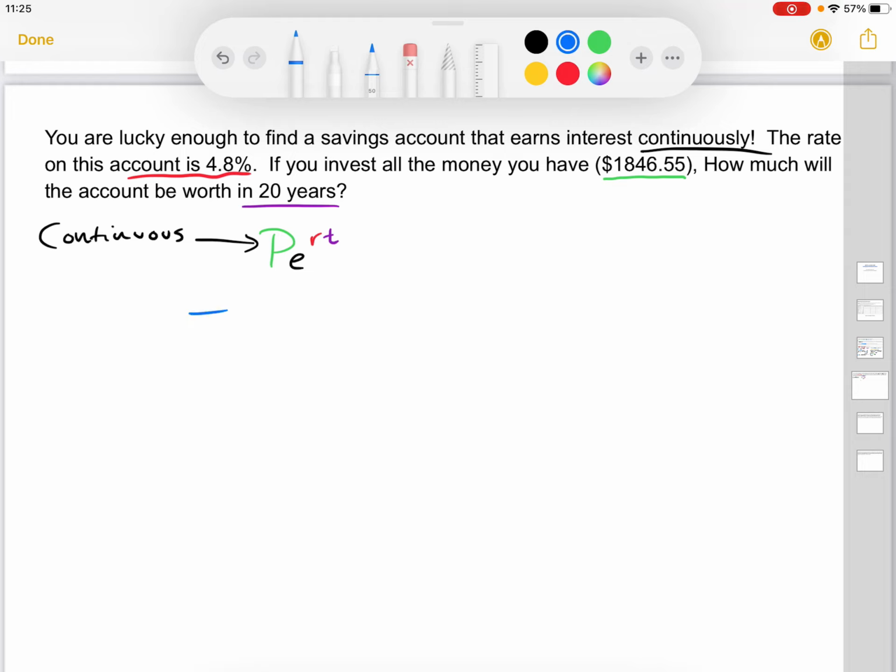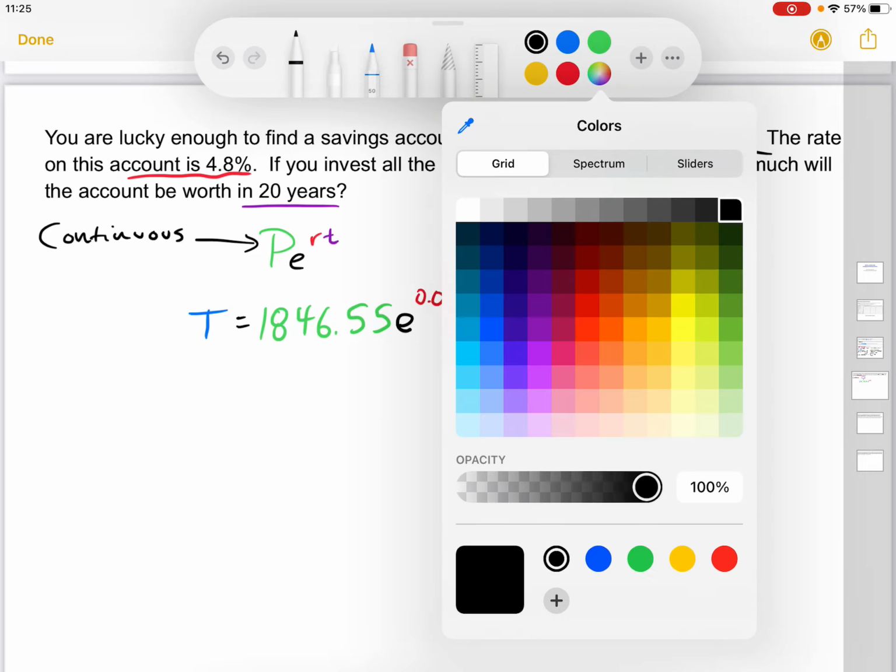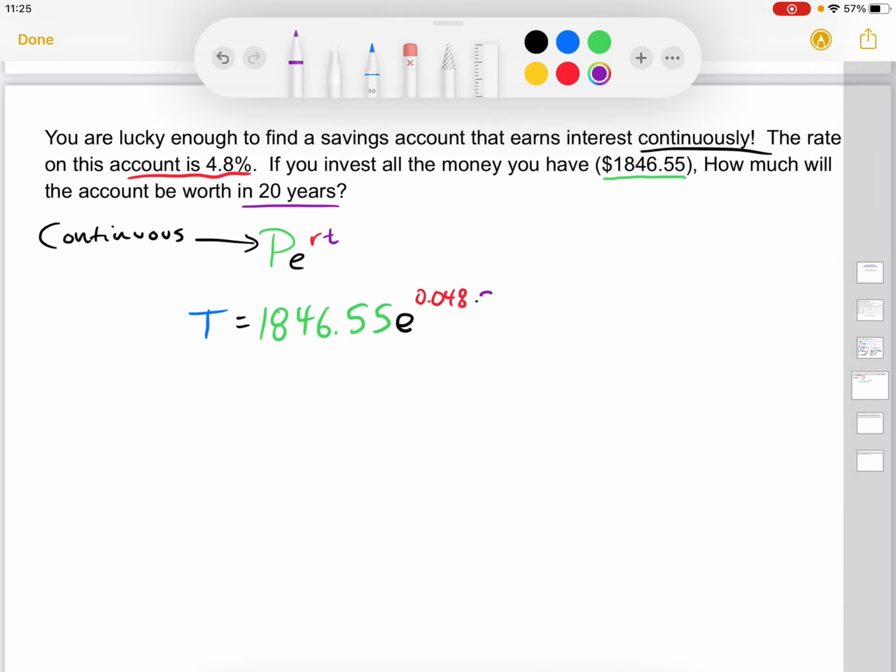So our total in this case is going to equal 1,846.55 times e to the r, and in this case r is 0.048 times the t value here, which is 20 years.